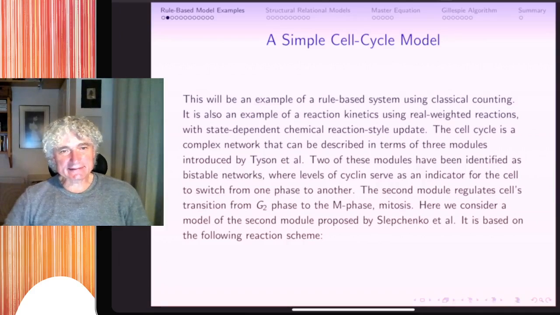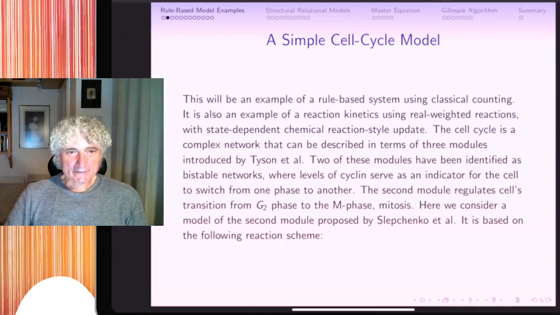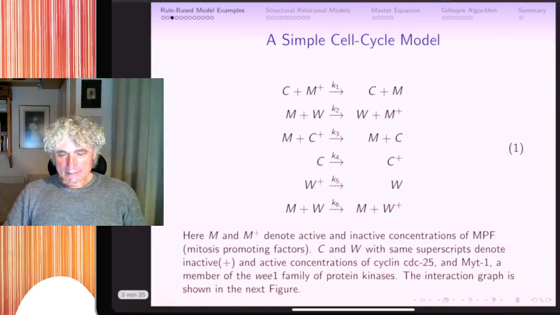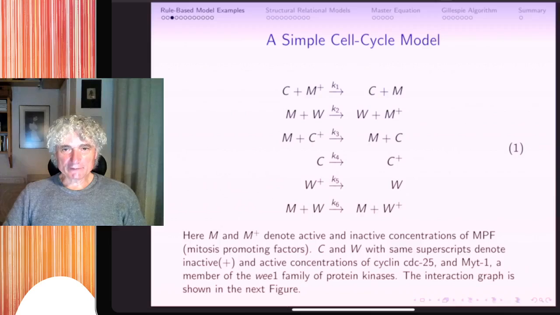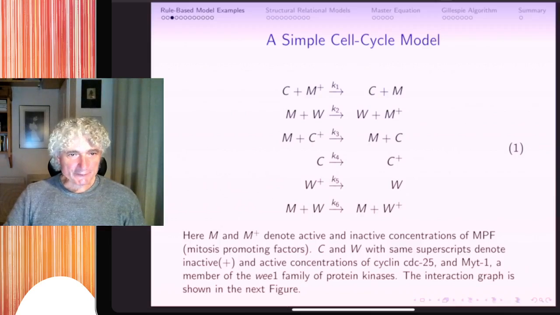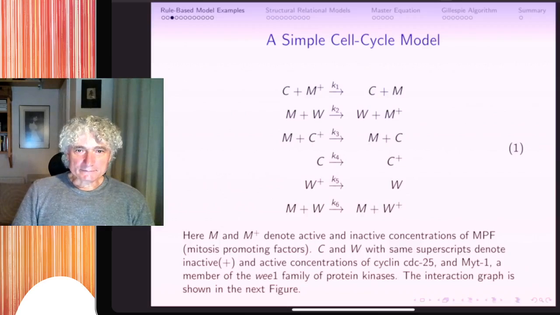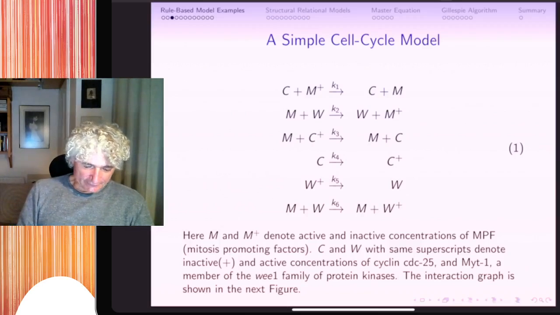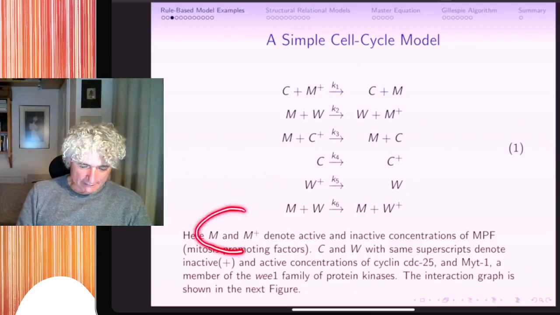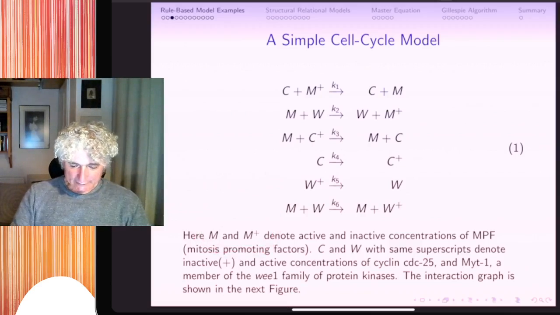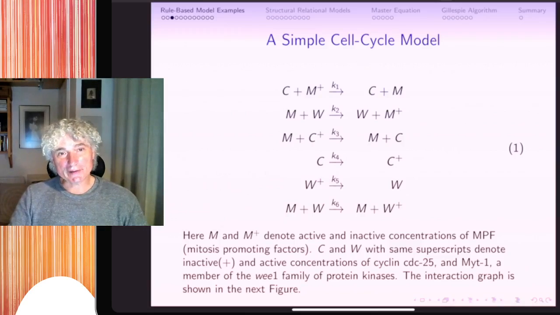So let's see what kind of basic rules we have for this model. Maybe we first have to go through the types as usual. So also here we will have types to consider. First of all, we have something called M and M+. These are the active and inactive concentrations of the so-called MPF, which is the mitosis promoting factor.